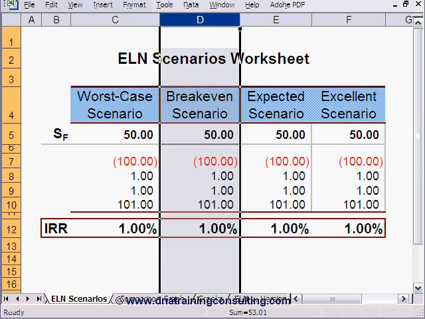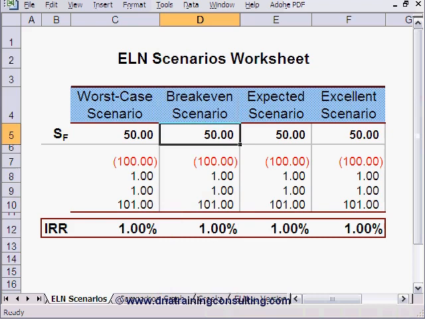The only variable that affects the investor's return is the spot price of Microsoft at maturity, appearing in cell D5. The worksheet enables you to calculate this price by using GoalSeek in Excel to solve for the final stock price that brings the IRR in cell D12 to exactly 6.25%.